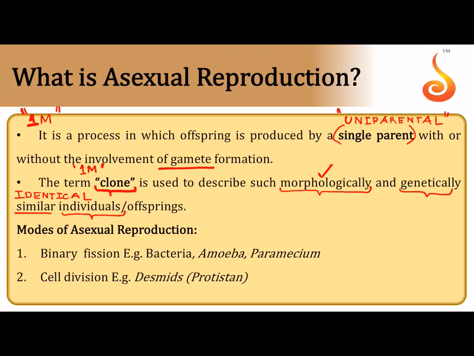So the term clone is used to describe morphologically and genetically identical individuals or offsprings born to a single parent. And whenever a single parent is involved, what type of reproduction is it? It is asexual reproduction. Remember, it is uniparental and it may or may not involve gamete formation.